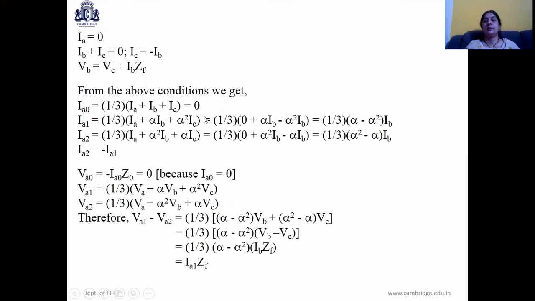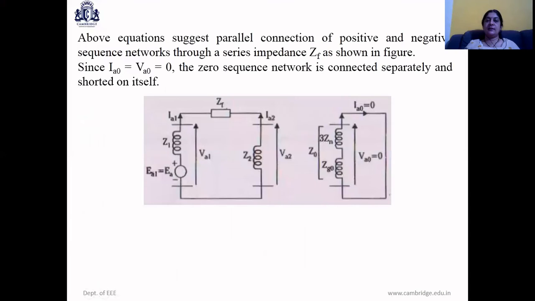So from these equations of symmetrical components of currents and voltages, we can find that VA1 equal to VA2 plus IA1 ZF, and the connection is such that IA1 is in opposite direction to IA2.